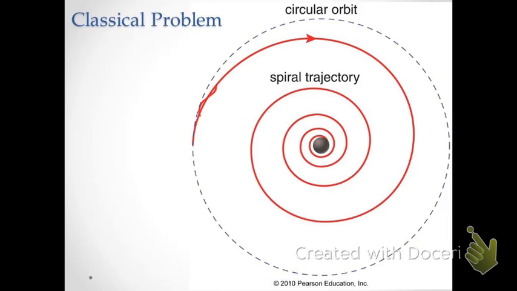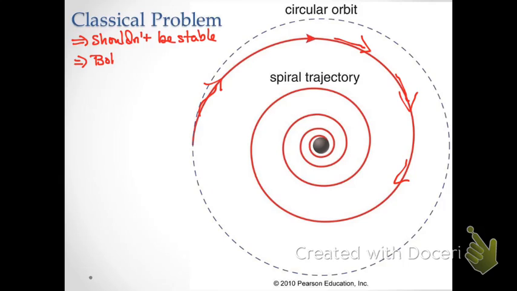And so as it loses energy, we should find its orbit decaying, and eventually it's just going to spiral into the nucleus. The idea of an electron traveling in a circular orbit about the nucleus is classically unstable. It should not be allowed. According to classical theory, the electron would just spiral right into the nucleus, and the whole system would collapse.